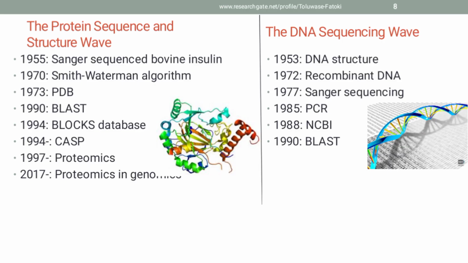So the techniques involved for proteomics were developed in 1997, and then from 1997 to 2017 there was development in the process by which proteomics could be derived from genomics, by which the expression of a particular gene could be used to predict the protein expression.